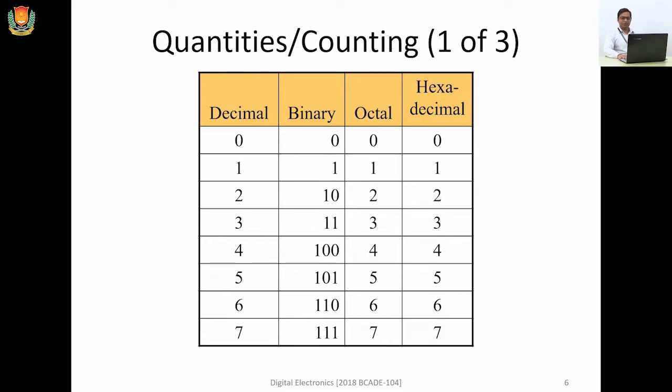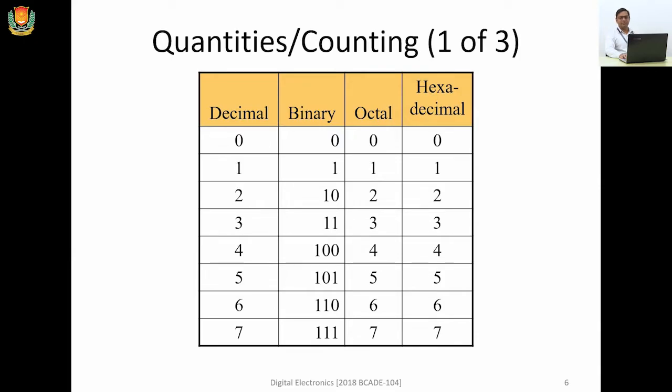This is the table which represents the decimal, binary, octal and hexadecimal numbers. In the decimal column, 0, 1, 2, 3, 4, 5, 6, 7, 8 are the symbols.